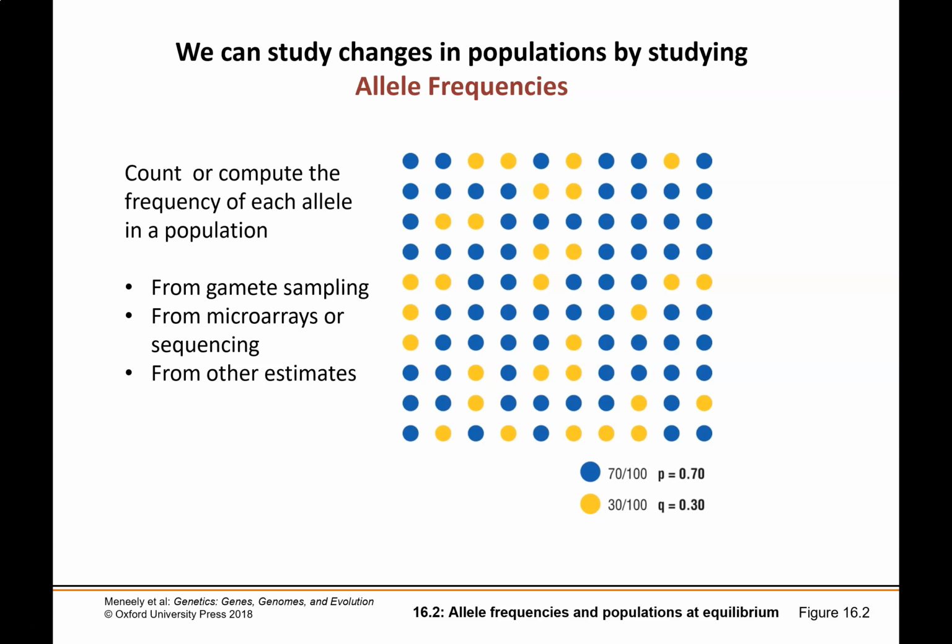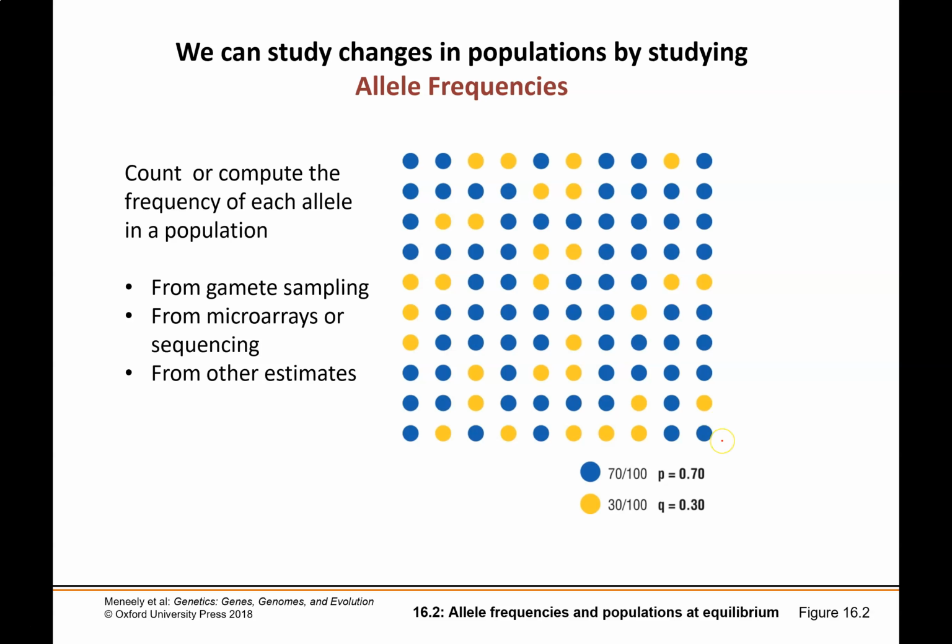So from this grid, we have the blue and yellow alleles, and they are calculating a frequency by just counting up the number of each type of allele and dividing it by the total number of alleles in a population. So these are representing alleles, not individuals in this case.